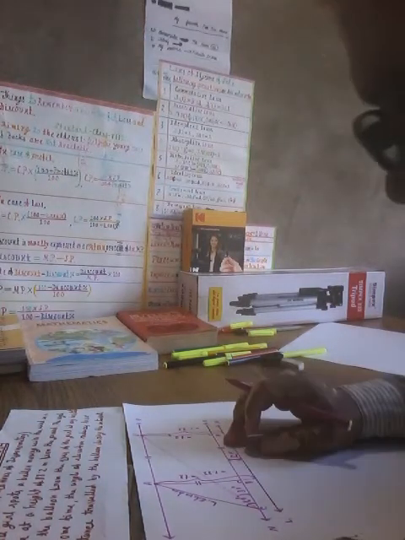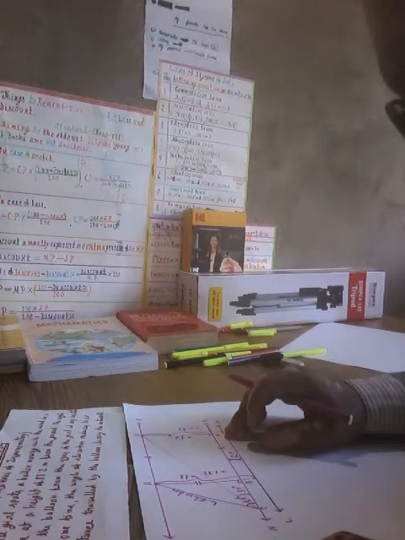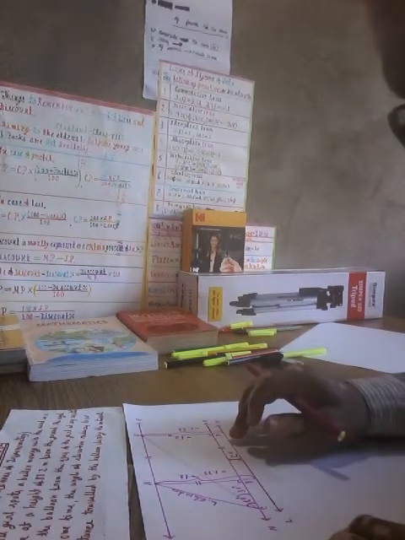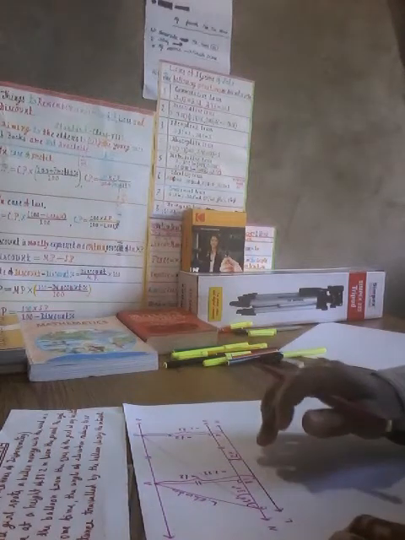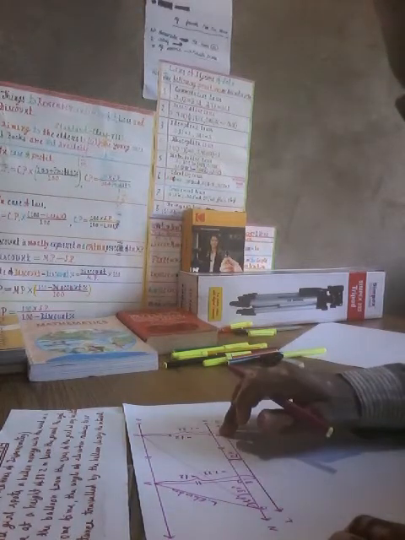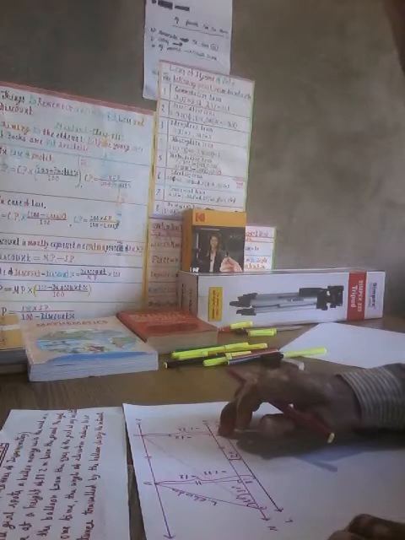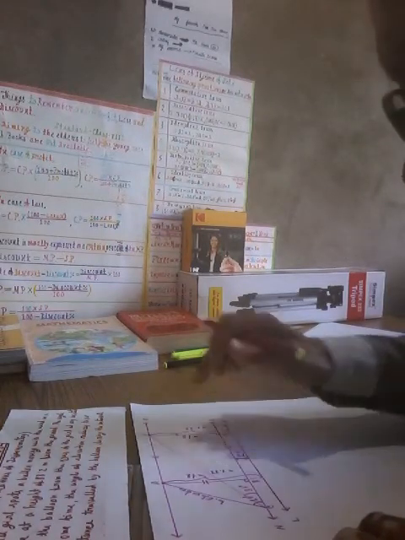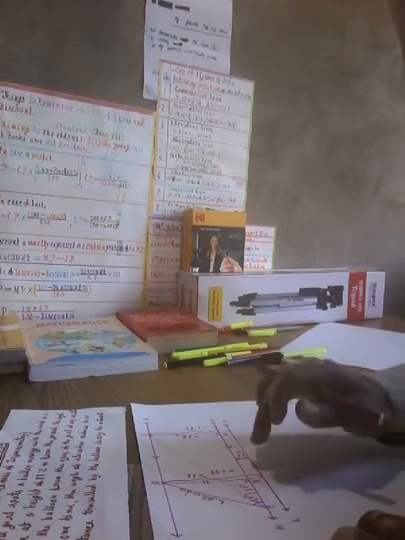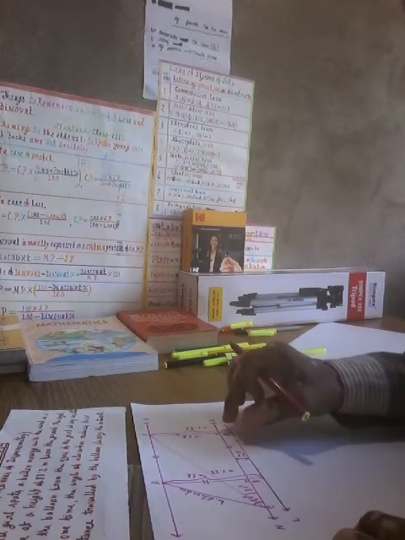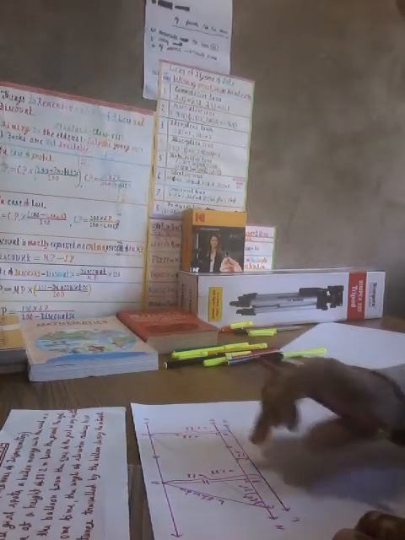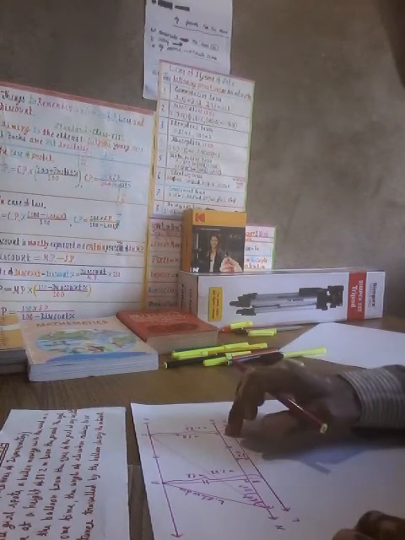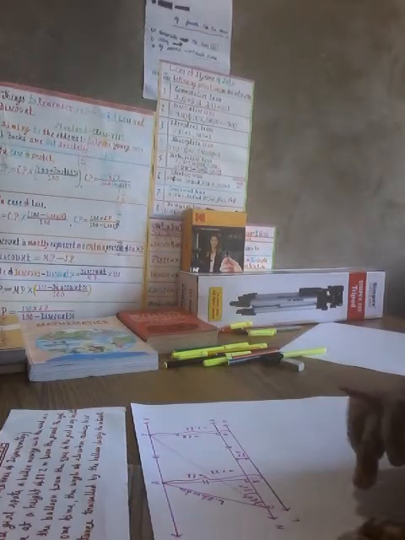Again, you will find in that case the measure of the side BE is equal to the measure of the side AD, which is equal to the measure of the side CE minus BC.